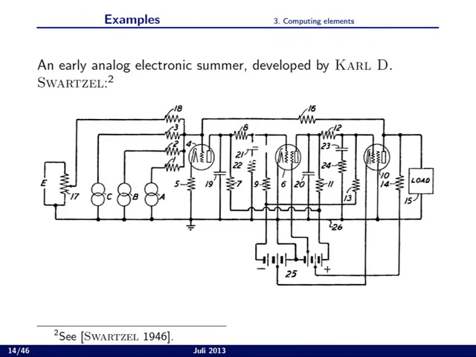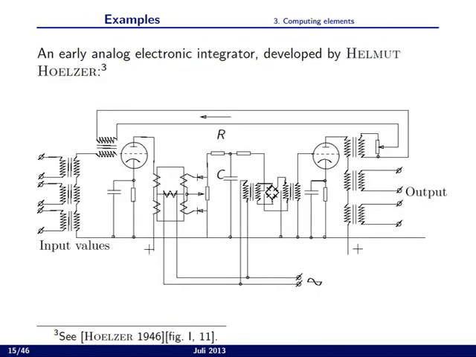You have several inputs, in this case 3 inputs for variable inputs and 1 input for a fixed input which can be set by a potentiometer, and you have a three-stage simple operational amplifier with a feedback resistor, and the load gets a voltage that corresponds to the sum of the input voltages and their respective currents. This was in the 1940s. Since the 1940s, mankind was able to build electronic analog computers.